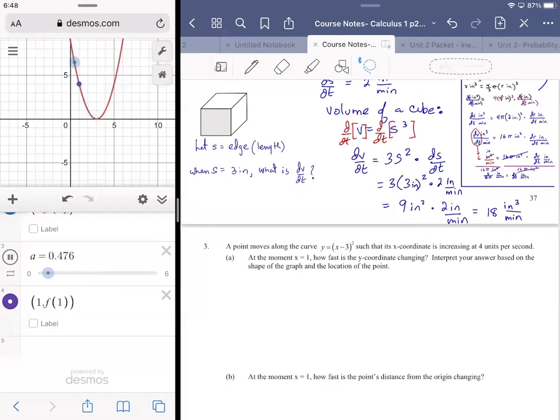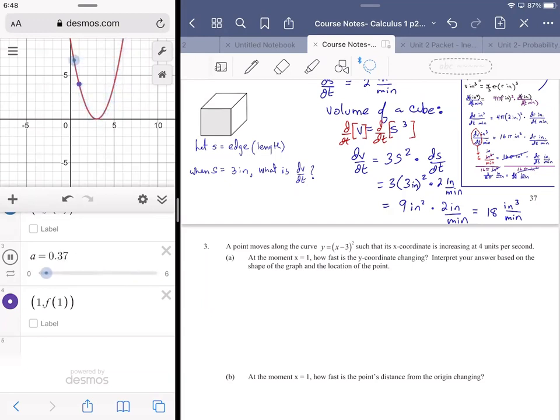What this question is asking us is to determine what that speed is at that moment. So it's going to come down at some kind of speed, assuming that the computer doesn't lag, but of course it is. We just need to figure out what that speed is. How fast is the y coordinate changing? How fast is it going down as it's going to the right?